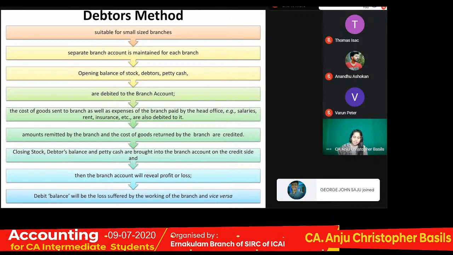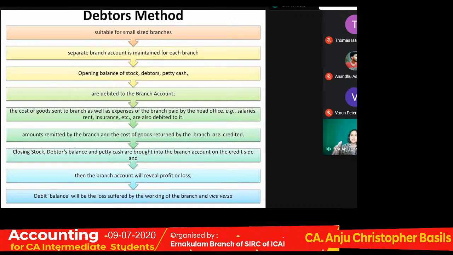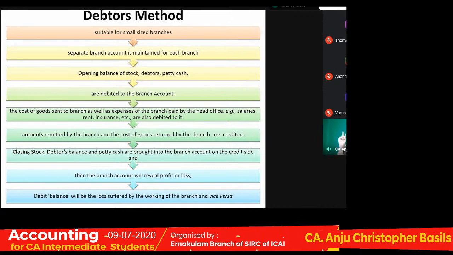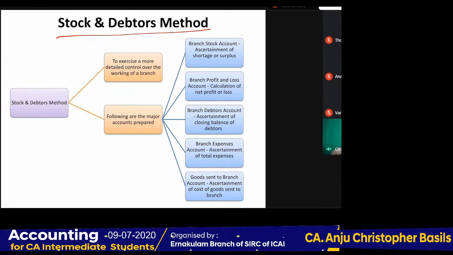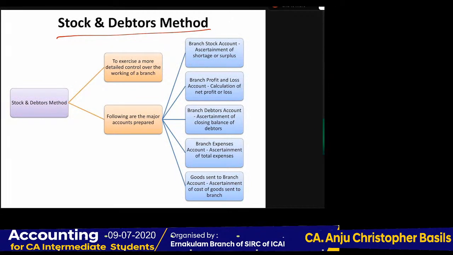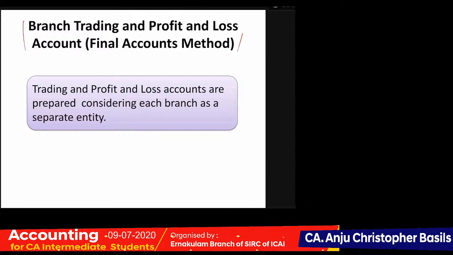Then the stock and debtors method: in the debtors method all the ledgers are clubbed together under one single ledger, whereas here we create a separate ledger for each. We call it stock and debtors. And then you have the branch trading P&L, which is the usual trading P&L which you've been learning.